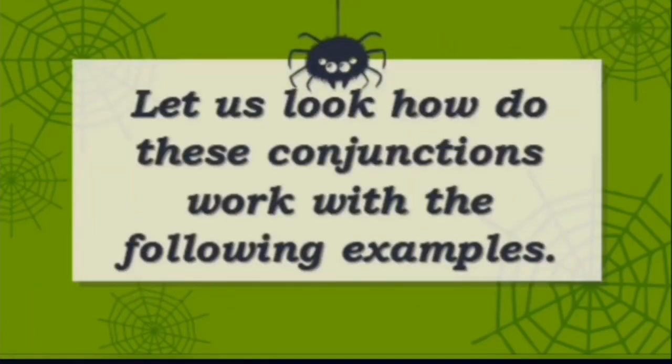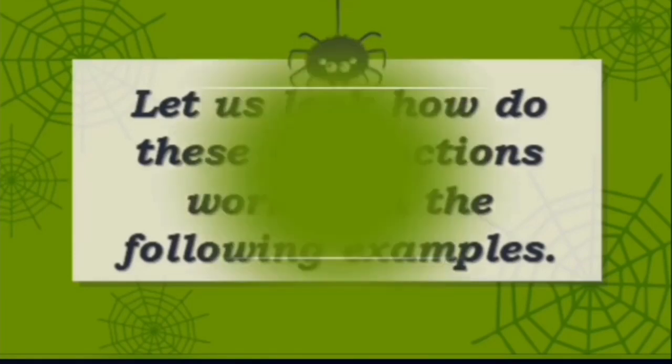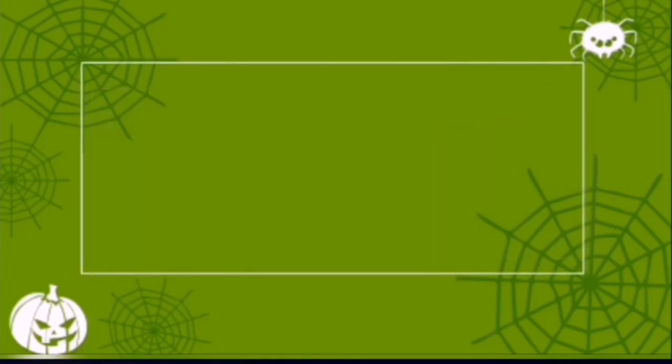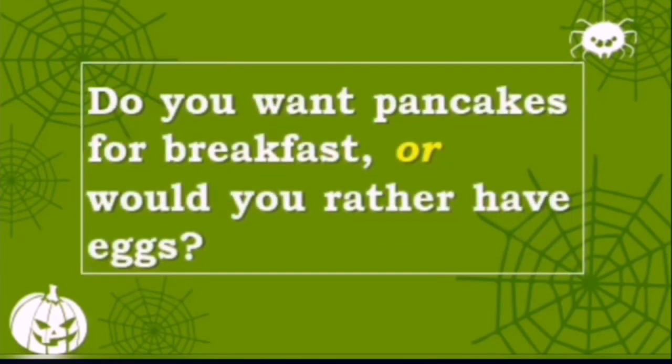Let us look at how these conjunctions work with the following examples. I need to bring a ruler and a calculator to school. Do you want pancakes for breakfast, or would you rather have eggs?